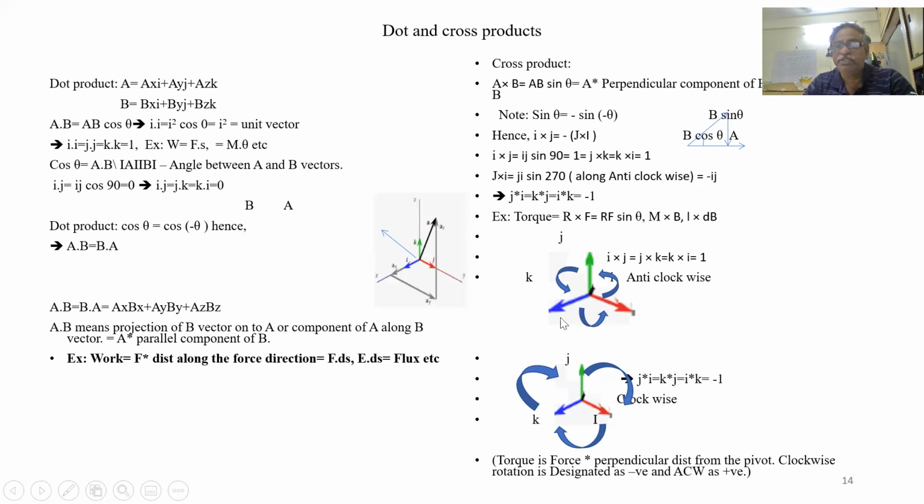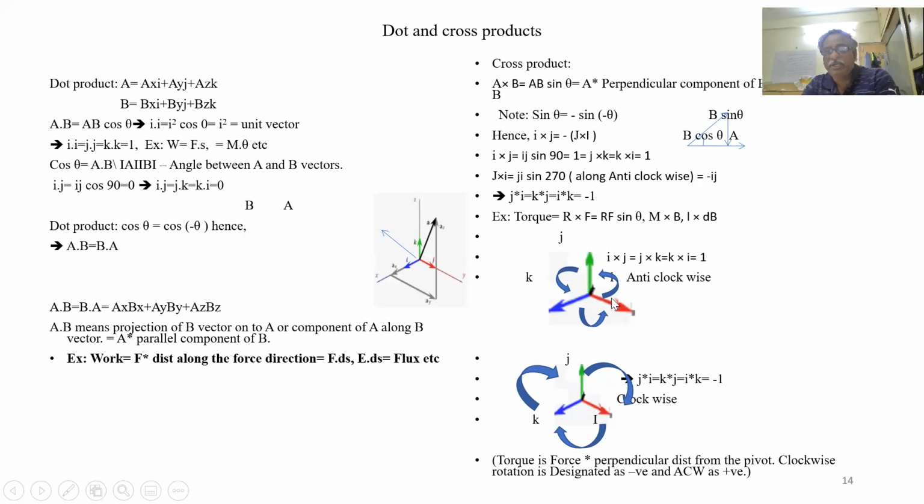This is the anti-clockwise direction. But when you go reverse, this is J cross I, a reverse rotation, clockwise rotation. Here it is minus 1. Universally, anti-clockwise torque is taken as plus and clockwise torque as minus. This is the universal notation.